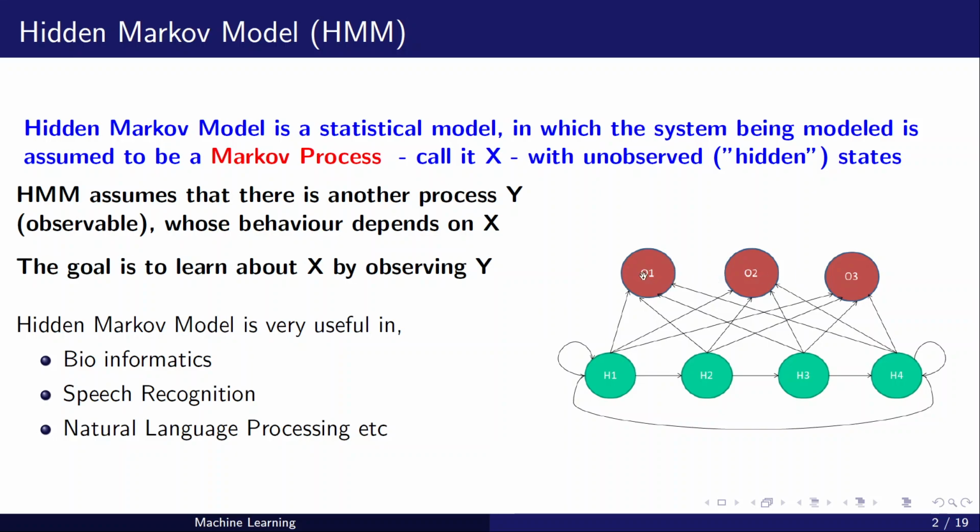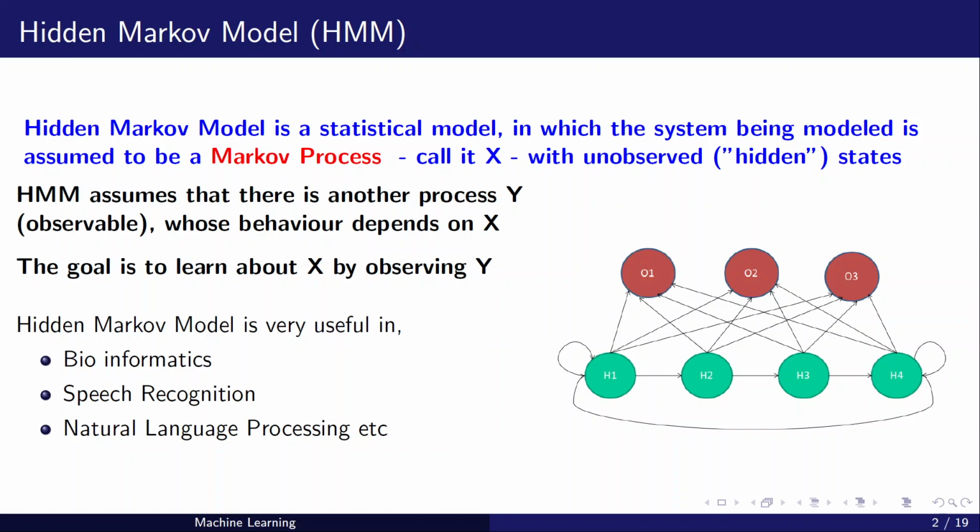So the value of these observable variables depends on the value of the hidden variables. Our goal is to learn about X, the hidden variables, on getting the values of Y. So you will be given the value of Y, and based on that, you will have to find out the model, or learn about the X values.